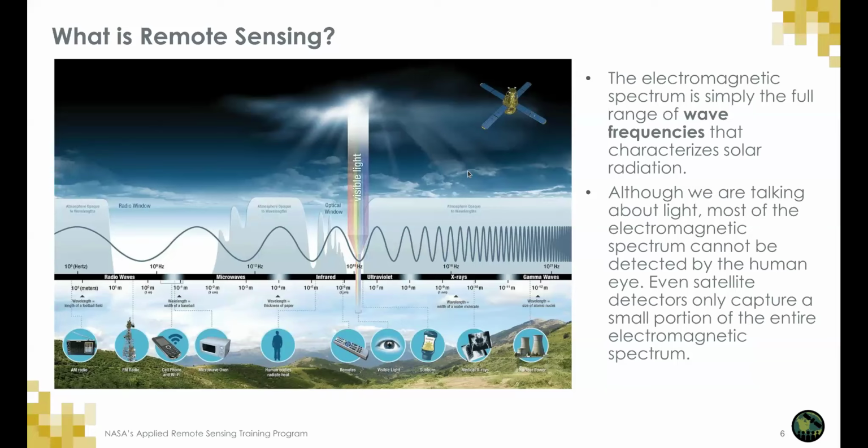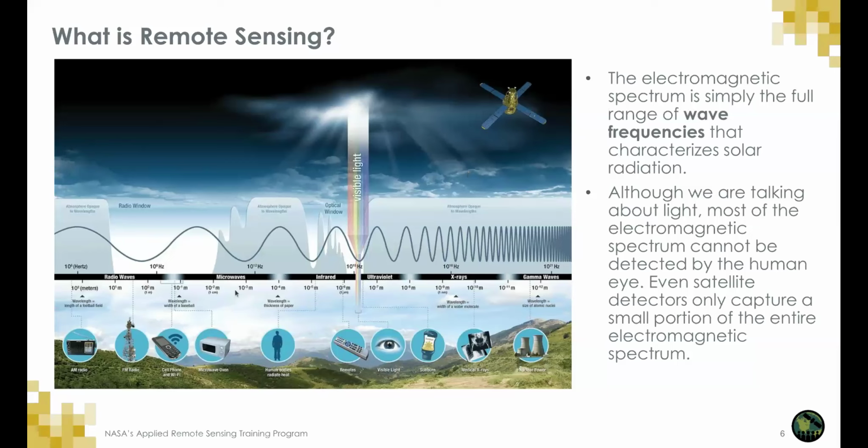So there are different properties to the different wavelengths. Let me call them energy levels within the electromagnetic spectrum. I just want to be as simple as possible when I define this. On the image before you, you're able to see a wide range of the electromagnetic spectrum and the associated frequencies and wavelengths for the different sections of the spectrum.